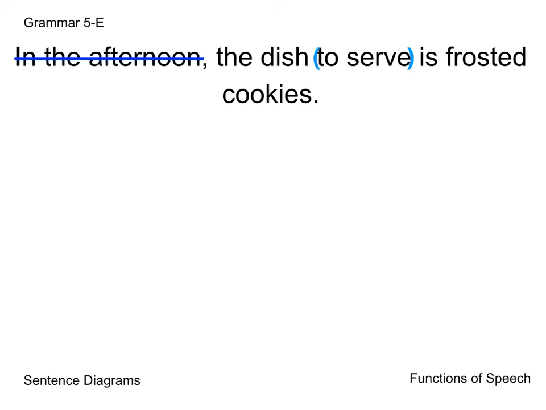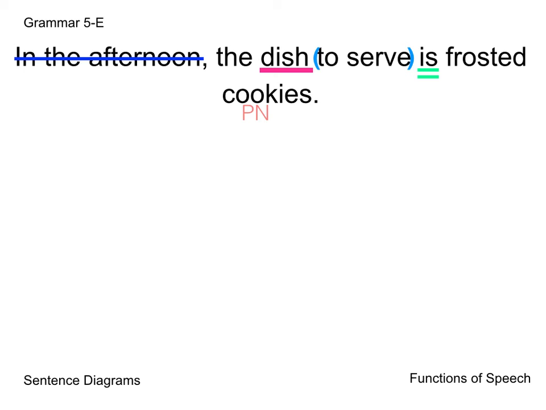So I like to identify those first, and then we can identify our subject and verb. So our subject is going to be dish. Our verb is. And then we have "the dish is frosted cookies," if we're going to read that without those two modifiers. Cookies is our PN. It is renaming our subject and the predicate. It is following a linking verb.